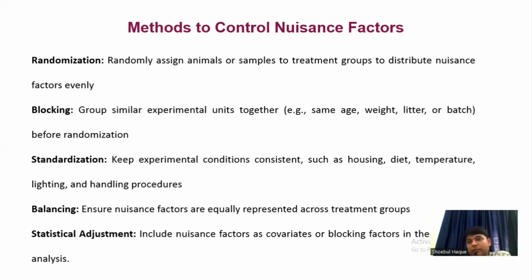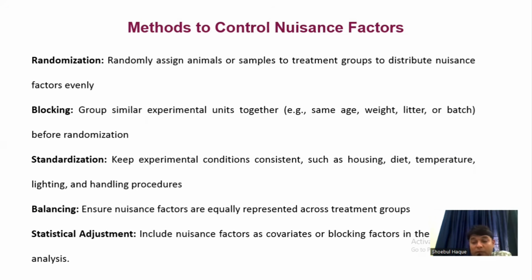So we can remove those factors by some methods like randomization. If we do proper randomization of the rats, the nuisance factor can be balanced. Like the blocking factors, we are going to divide the animals into two groups.